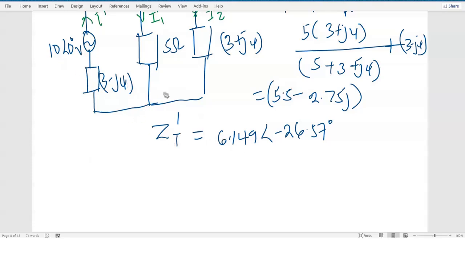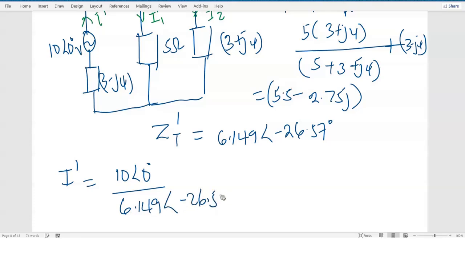Now I can use Ohm's law, this voltage divided by this impedance, to get my current. So the current I prime is 10 at an angle of 0 degrees divided by 6.149 at an angle of negative 26.57 degrees. So our current is 1.455 plus 0.727J.